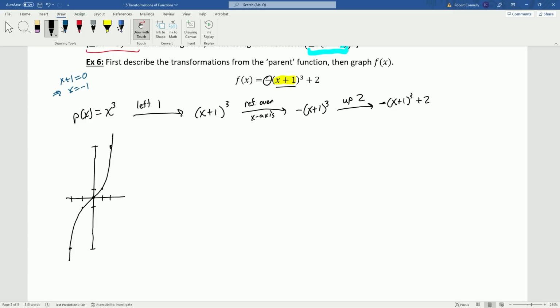Okay, so we'll start by shifting it left by 1. Again, all you're going to do is take every point on your graph and move it over 1. So I just took each point and shifted them over by 1. Oops, that one's not correct. Let's try that again. There we go.